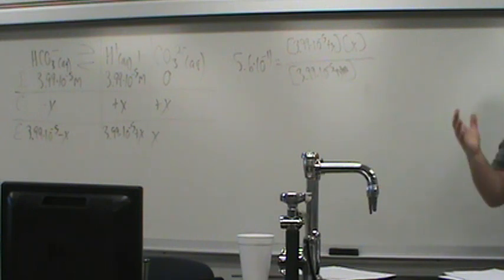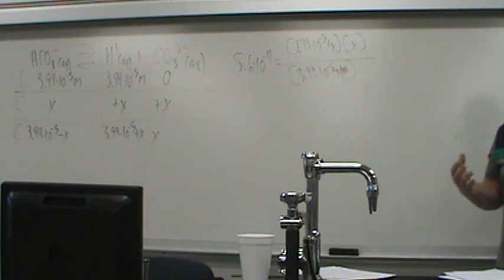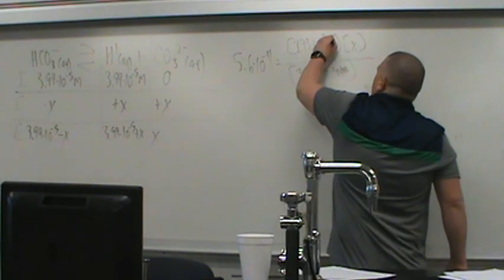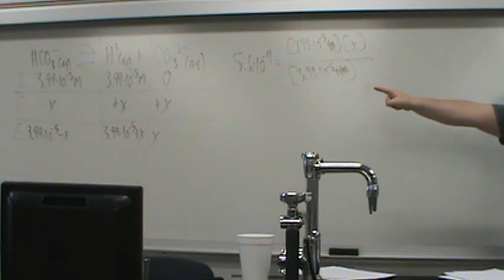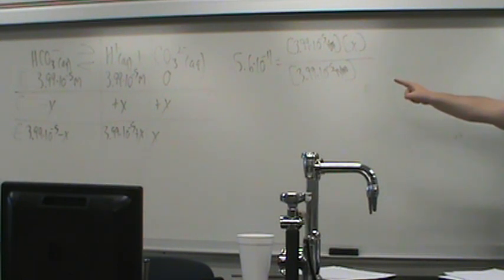Because since the dissociation constant is so small, there's not going to be that much change. Okay? So if we get rid of that plus X, gone. What else can we do in this situation now? We can cancel everything out except for the X is equal to 5.6 times 10 to the negative 11.